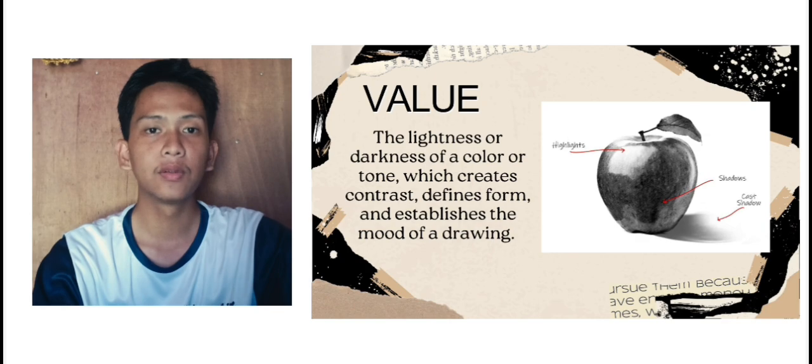It could be blending or anything that shapes the form, because in shading we are not talking about realism. We are talking about the value, how we make our drawing lighter or darker.